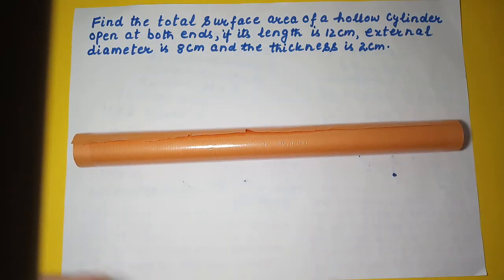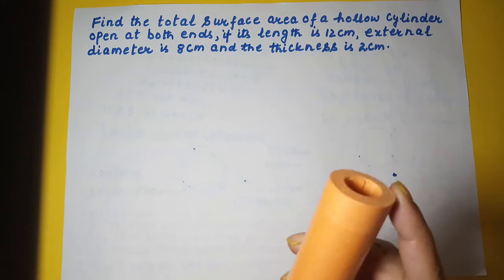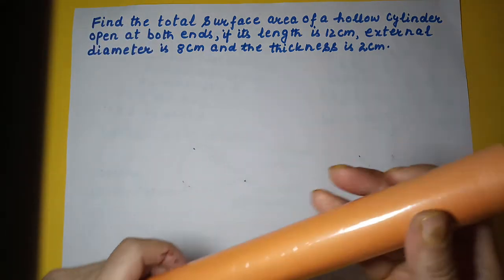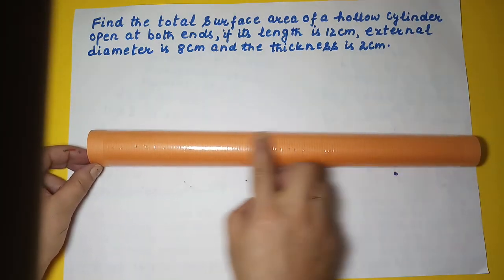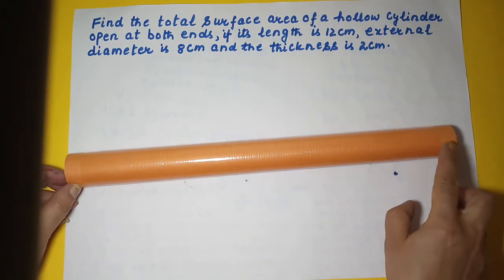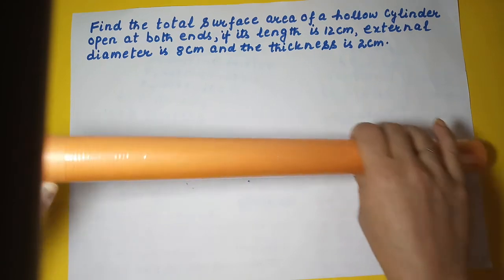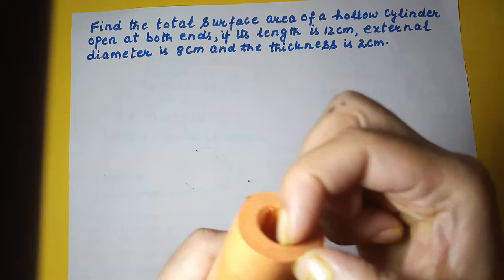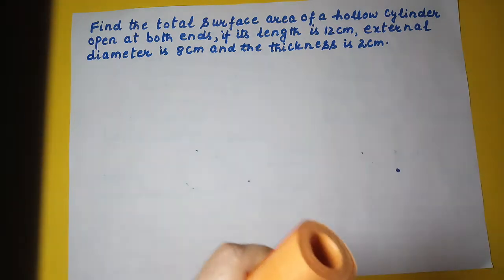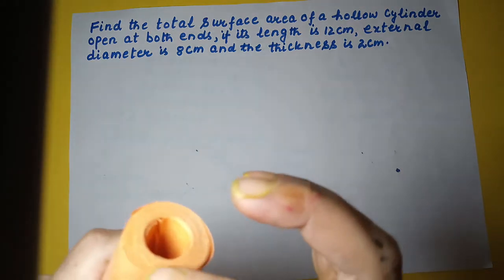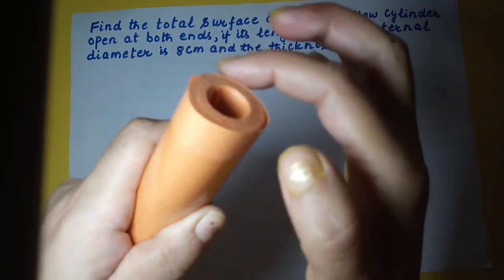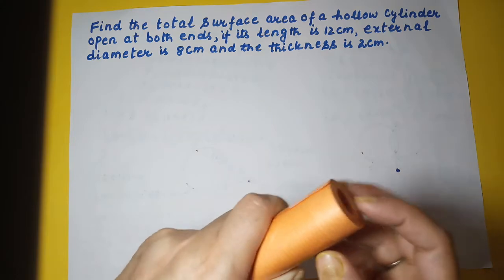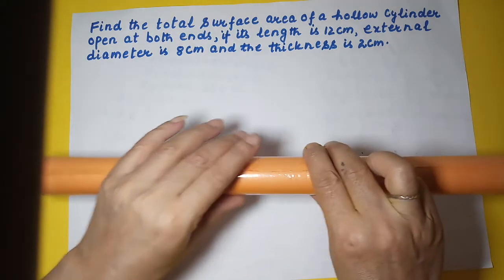You see, it is open at both the ends, and length means the height of this cylinder. The thickness is 2 centimeters, and external diameter is 8 centimeters, right?